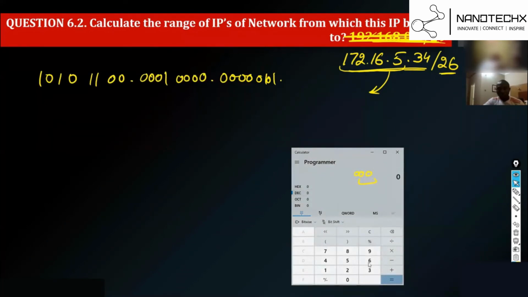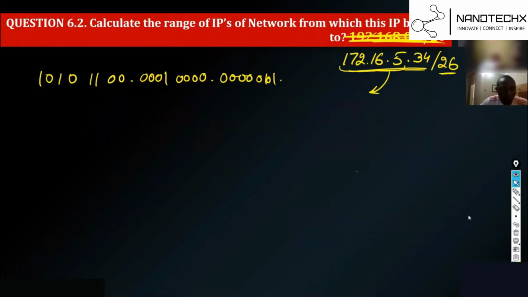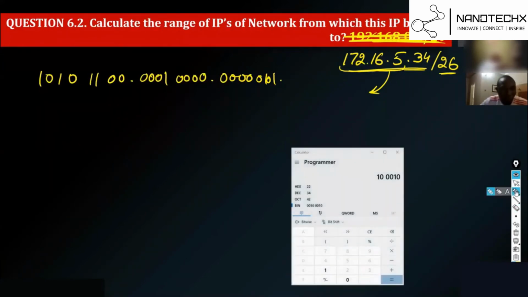Go to decimal, click on 34, click on binary, you will find this as well. It's a good idea for people who couldn't join yesterday or joined late, they can also see here. So 0 0 1 0 0 0 1 0, right? So this is 172.16.5.34 in binary. We just converted them.